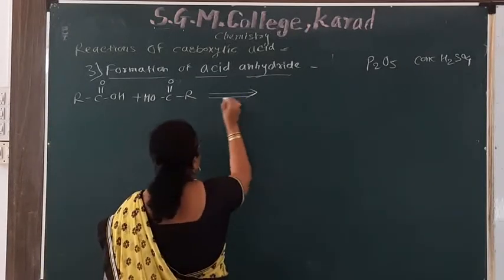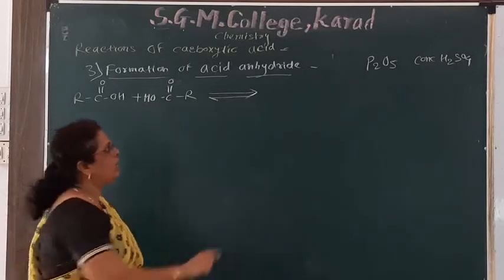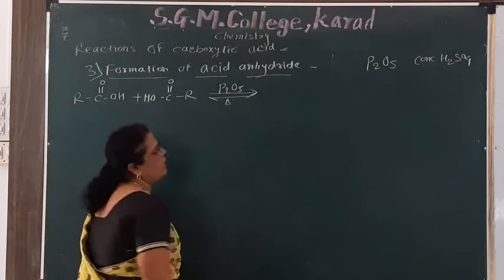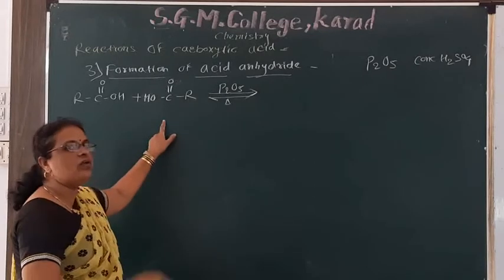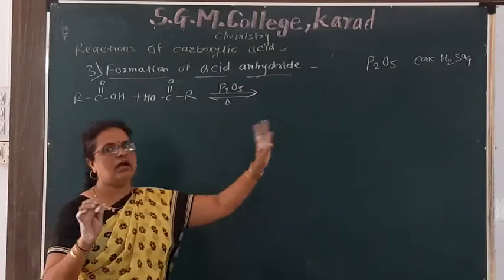This reaction is reversible in presence of dehydrating agent like P2O5 or concentrated H2SO4. Then these two molecules condense together with loss of water molecule and we get acid anhydride.